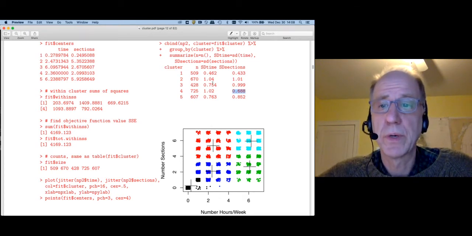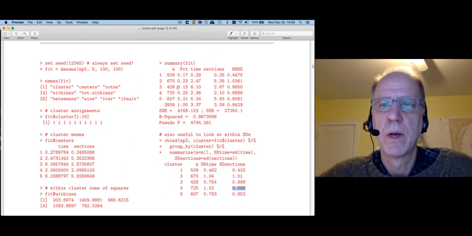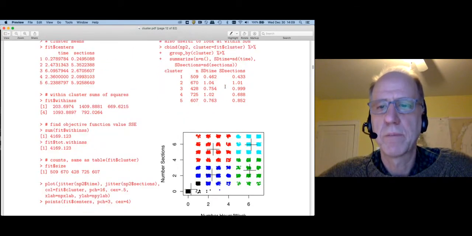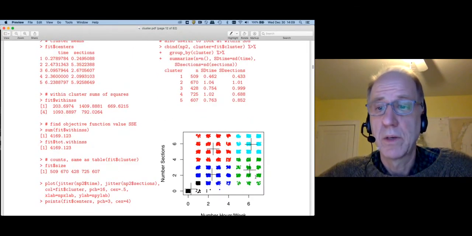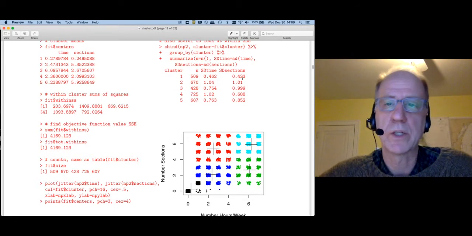Alternatively, with cluster 3, if you remember your R colors, is going to be the green one out here. You can see there's more variance in the vertical direction than there is in the horizontal direction. With cluster 2, the red one, the standard deviations are the same in both directions.